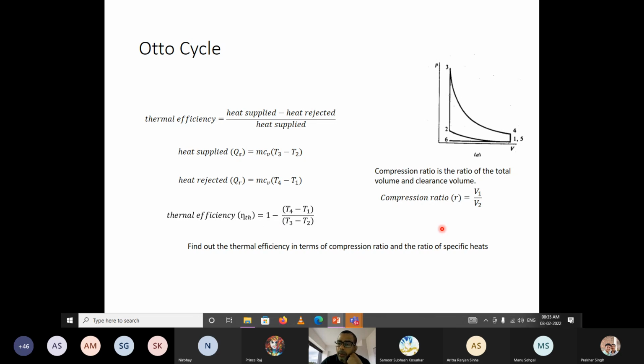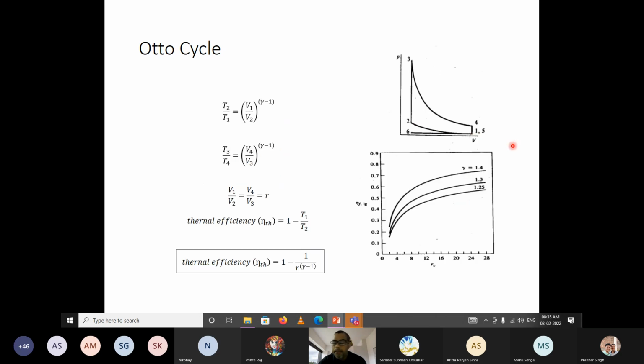So what we can do is take advantage of the isentropic process 1 to 2 and try to establish the relations between temperature and volume, and then do the same for the process 3 to 4.